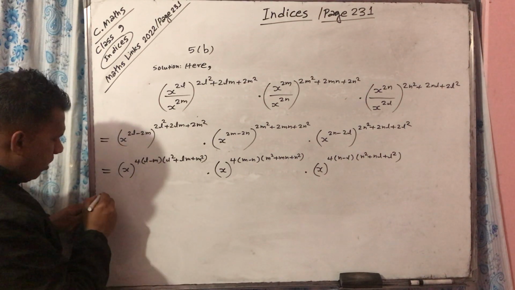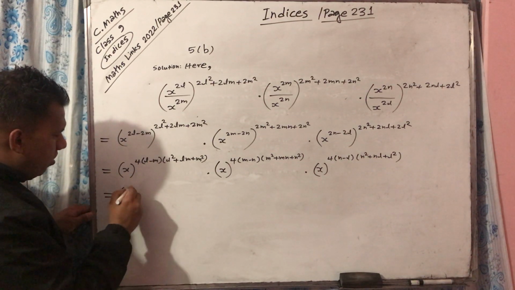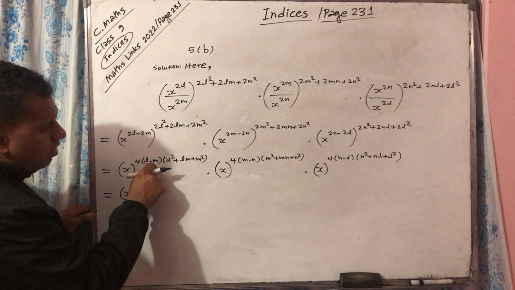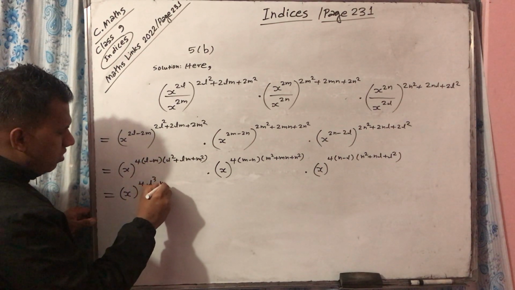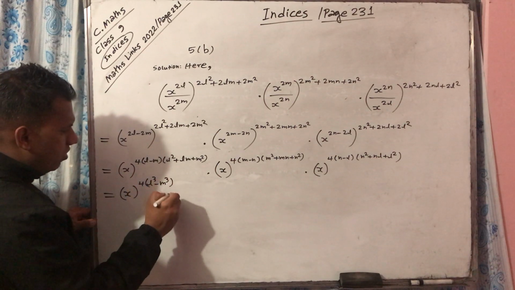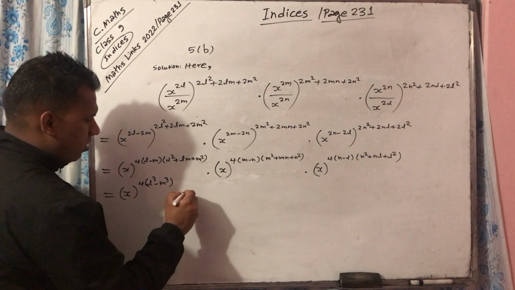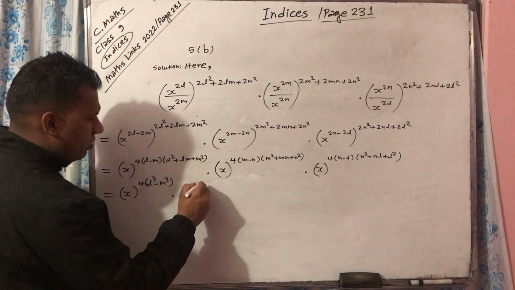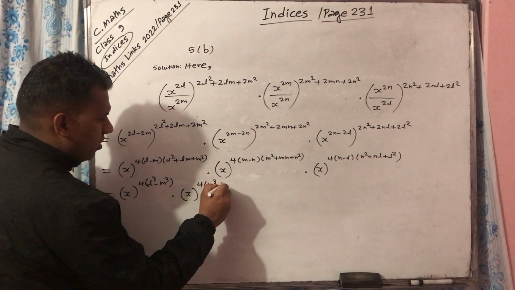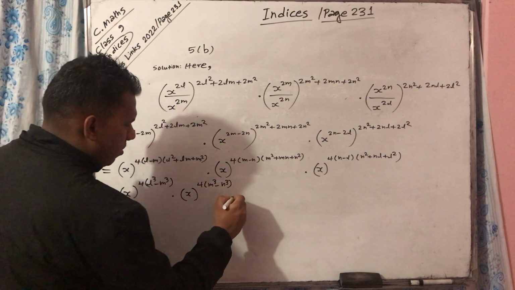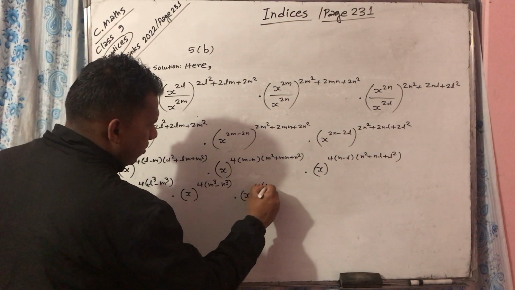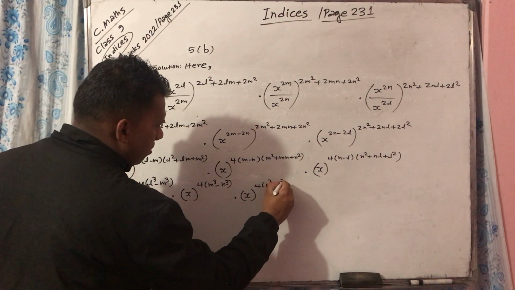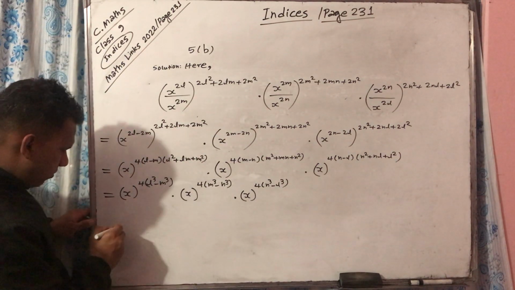So next step, x to the power 4 times, this makes a cube minus b cube form, so l cube minus m cube. Similarly in the second, x to the power 4 times m cube minus n cube, multiplied with x to the power 4 times n cube minus l cube.